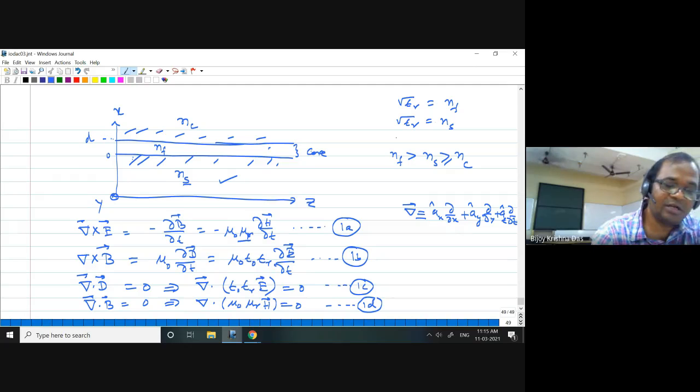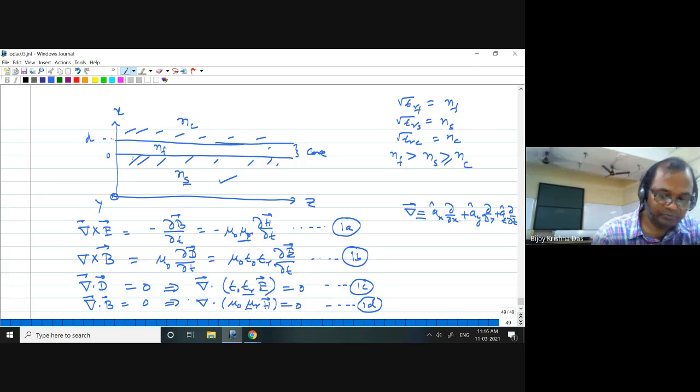And for only the cladding region, I can write epsilon RF, epsilon RS, epsilon RC, which will be NC. So if we restrict our solution to only core or only cladding or only substrate, then probably I can take this epsilon r, mu r out of the divergence. You all agree with me, right?